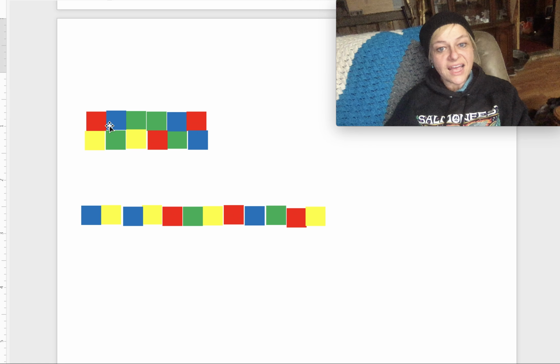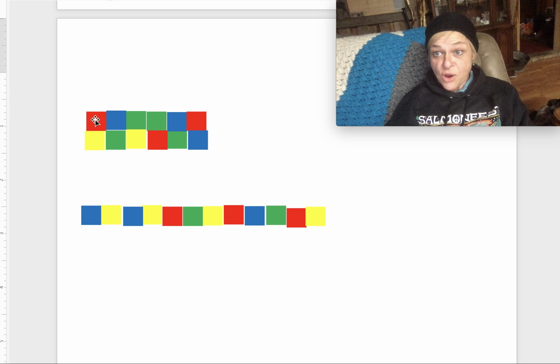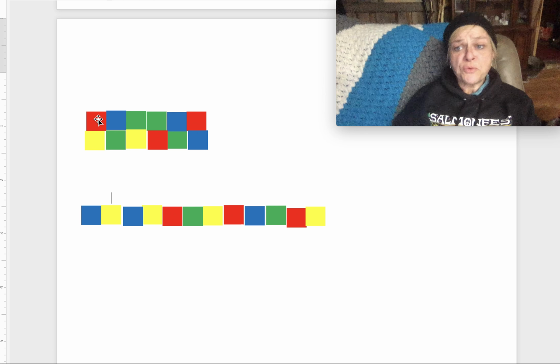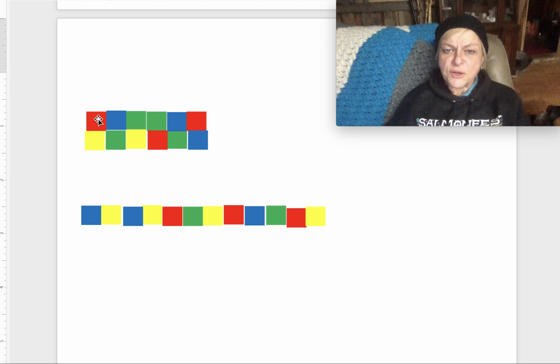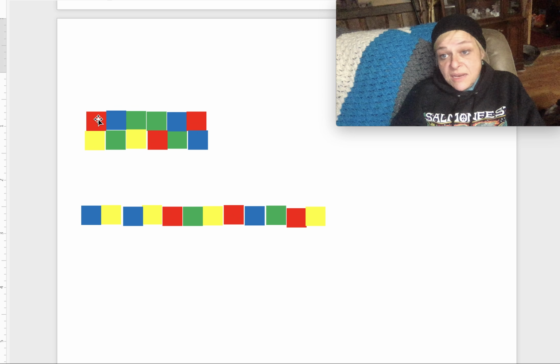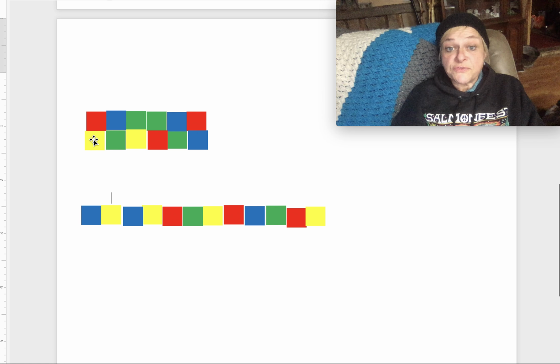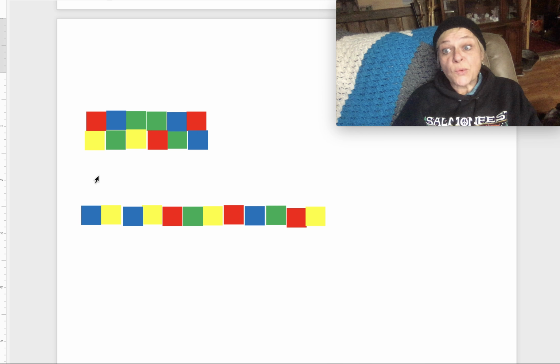I can just know that each tile is 1 inch, and that is fantastic. It would be really cool to compare our measurements, to measure it in centimeters and see how that compares to our inches, but just for the purpose of today's lesson, we're using inches.